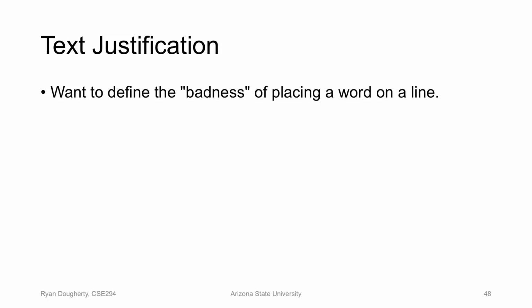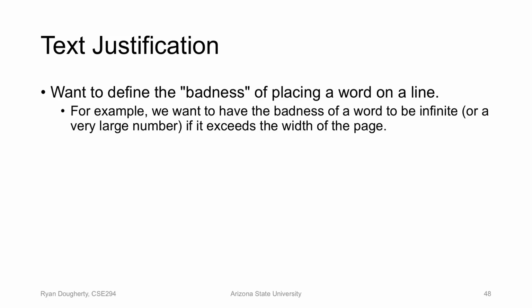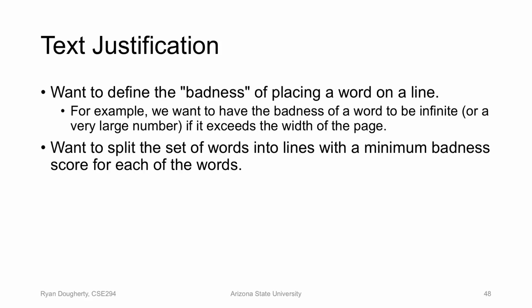That's intuitively what we want. For example, if the word by itself exceeds the width of the page, then it's really, really bad, so we want to make it infinite or some high power, something like that.